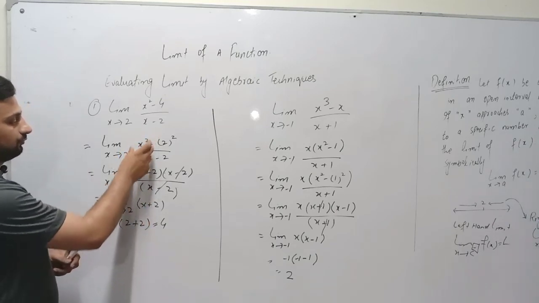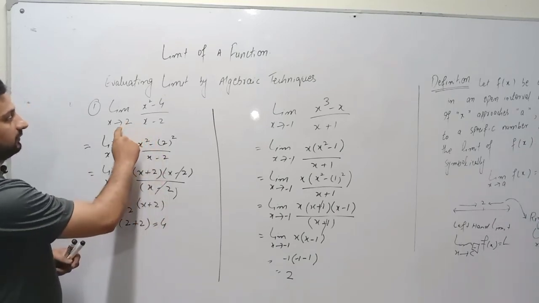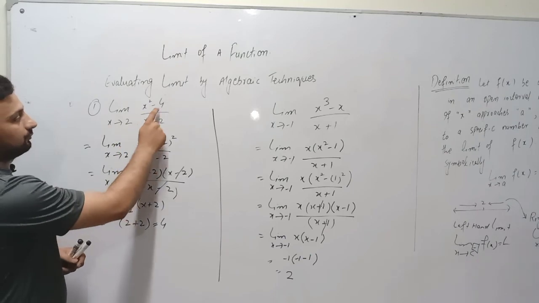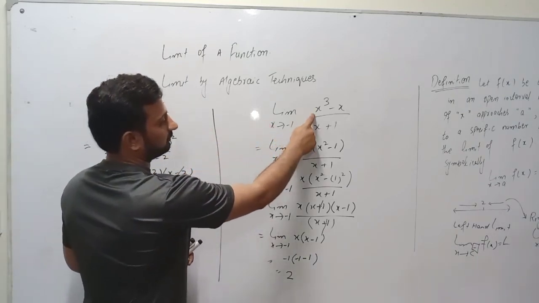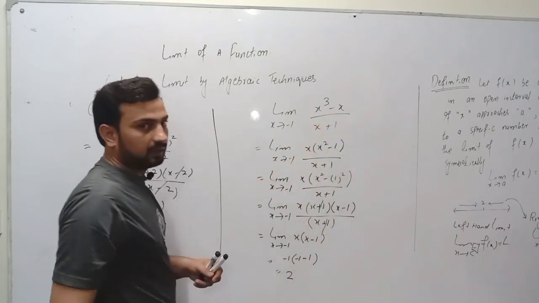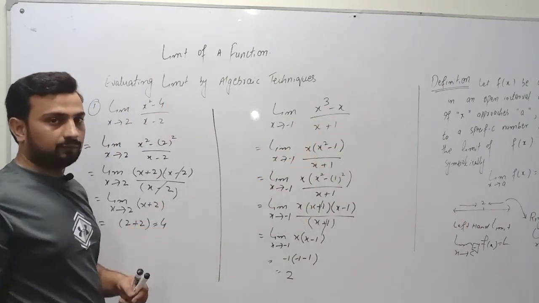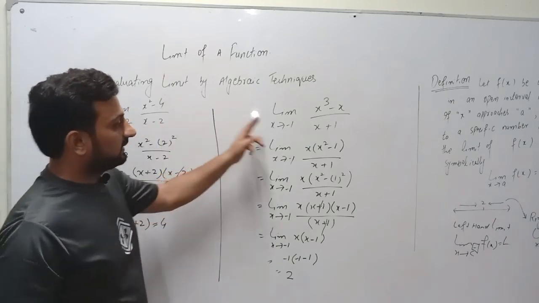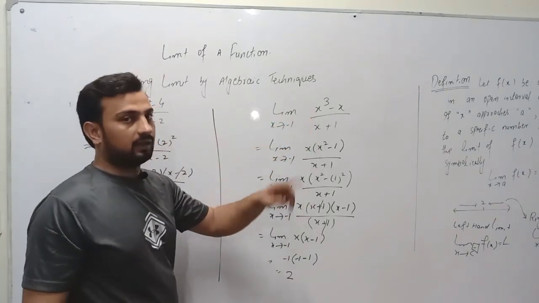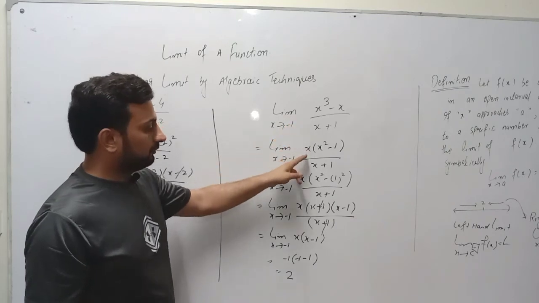So why have we chosen algebraic techniques? Because when we substitute x equals 2, and when we substitute x equals minus 1 in those functions, we get an undefined form, meaning 0 over 0.